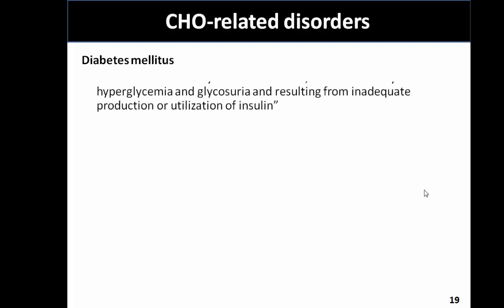Here in this third and final part of Unit 4, we will discuss various conditions and disorders related to carbohydrate metabolism, and the most prevalent one here is diabetes mellitus.